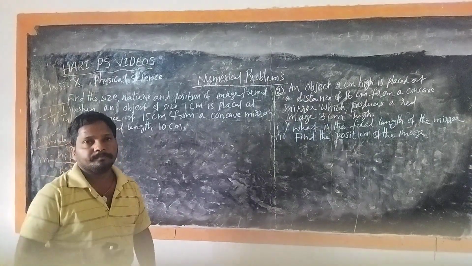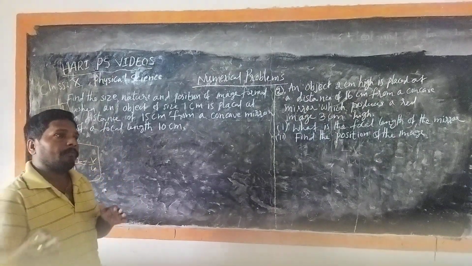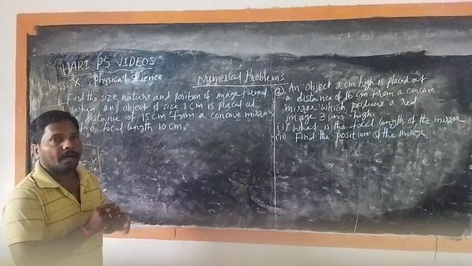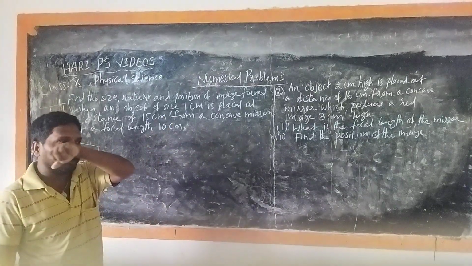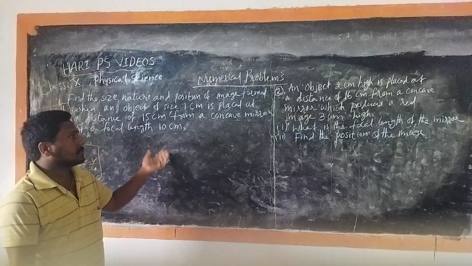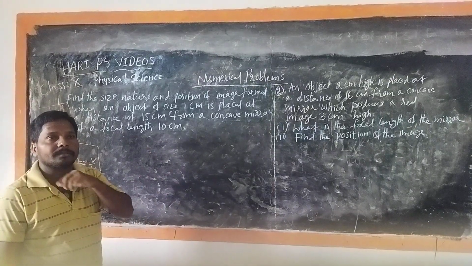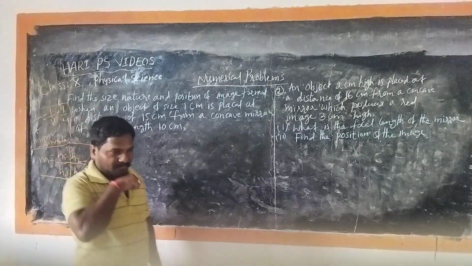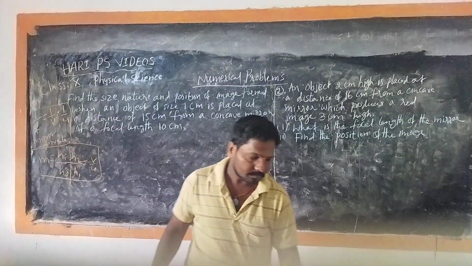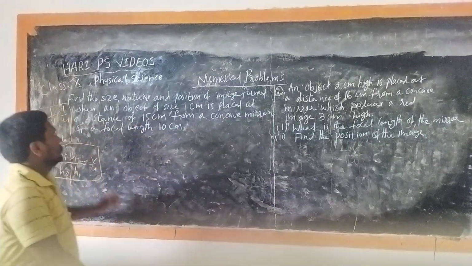Understand the problem: what values are given, what you have to find. Just by reading only one time and then solving the problem sometimes gives the wrong answer. So, read the problem first.